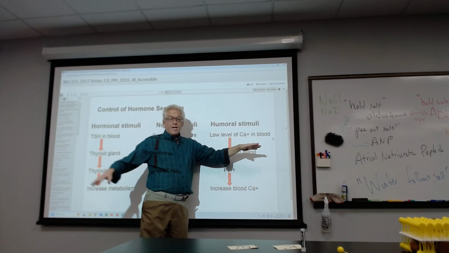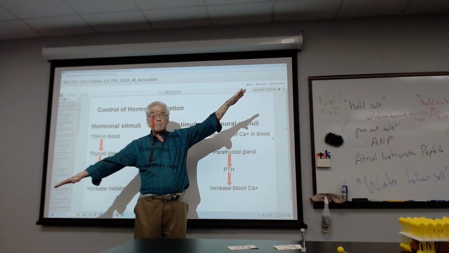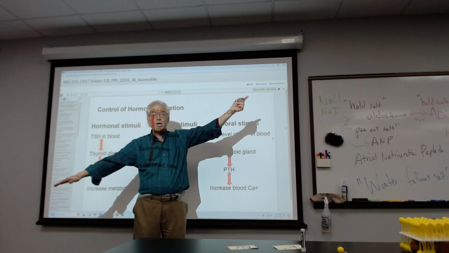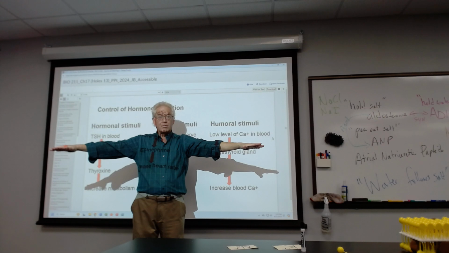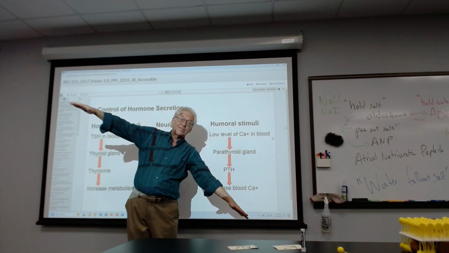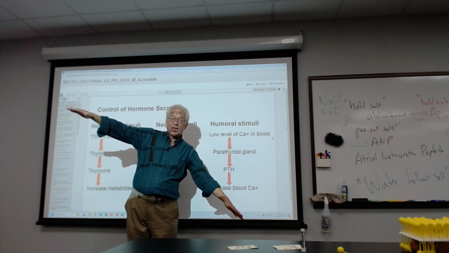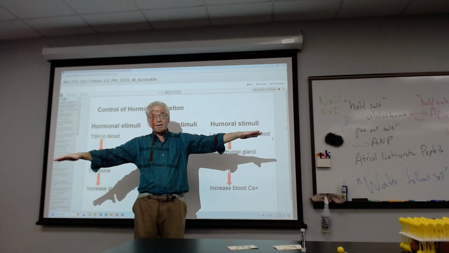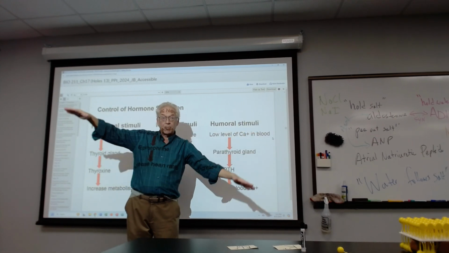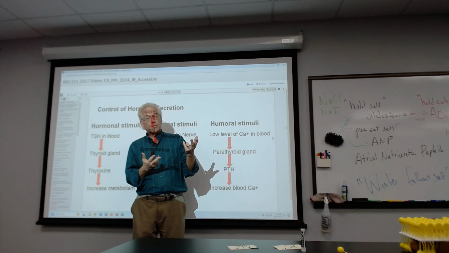Calcium levels. If my calcium levels are higher than normal, I produce calcitonin to put the calcium into my bones and bring my blood calcium back down. If my blood calcium is too low, I produce PTH to dig the calcium out of my bones and build up my blood calcium. So it's calcium levels that trigger those two hormones.